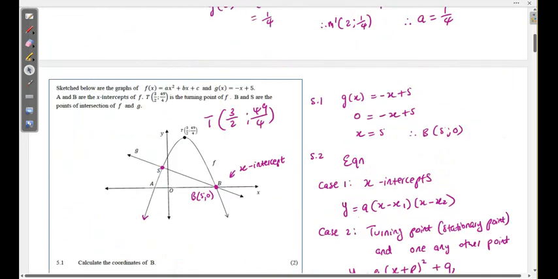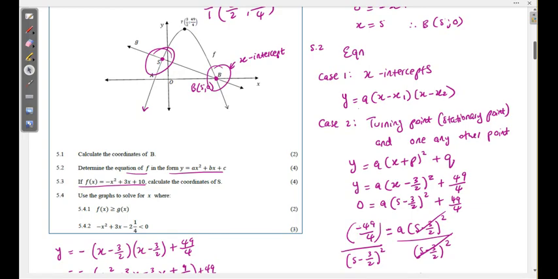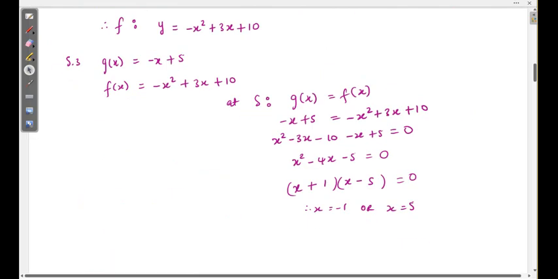If it has two x-intercepts. Close. No, it's actually because we have two points where the graphs are intersecting. Oh, okay. Yes, we have two points. Now that's why we get the x values of them. This first one is negative 1 and 5.